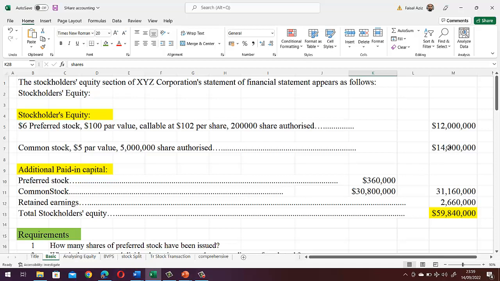So these two amounts, 14 million and 30.8 million, are basically received after selling common stock. When we add these two amounts and divide them by the total number of shares outstanding, it will give us the average price.